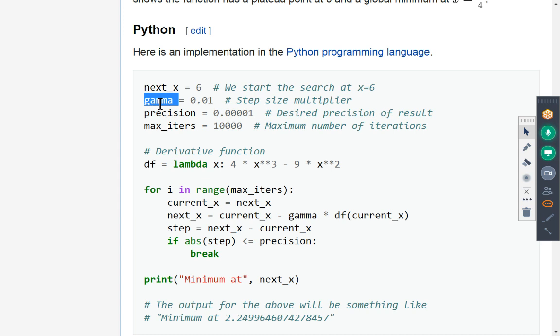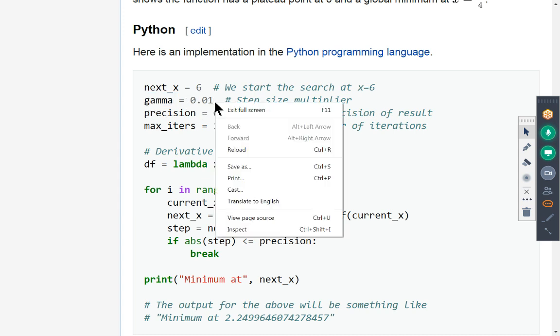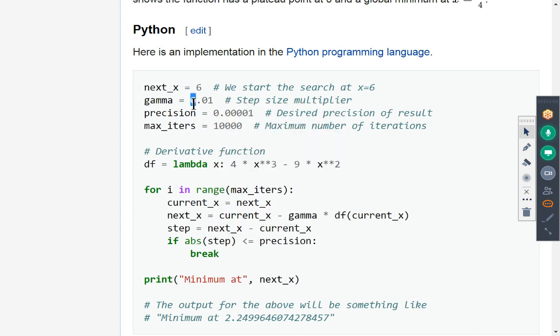When you are in a dark room, do you take a long step or a small step? Only a small step you take, right? A long step you will not take because we don't know what is there. That's the reason the gamma value will always be very small. It may be 0.01 or 0.1, or 0.0001 also.